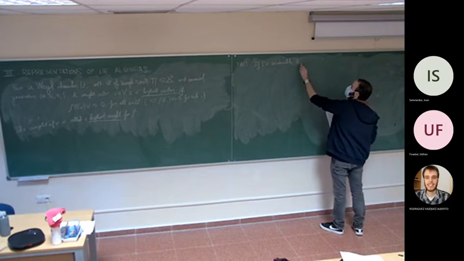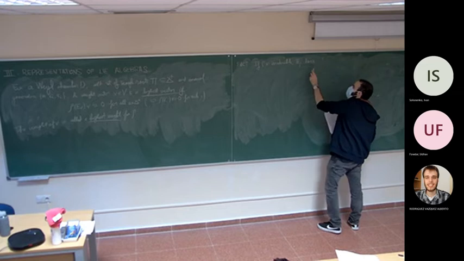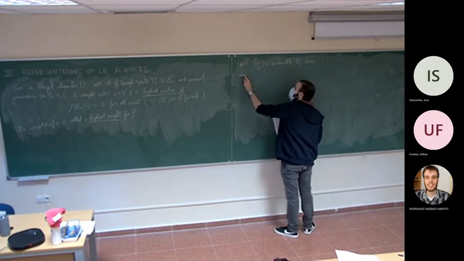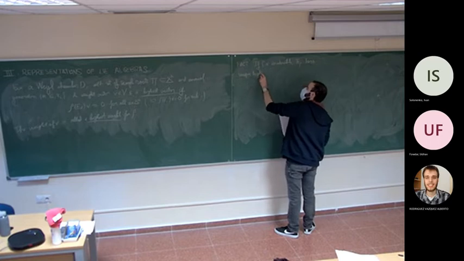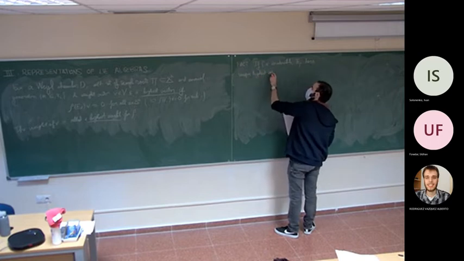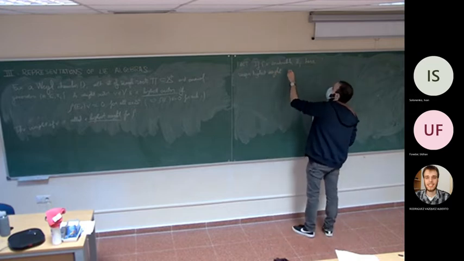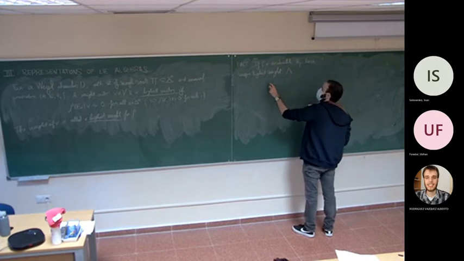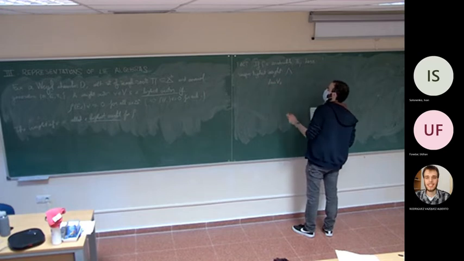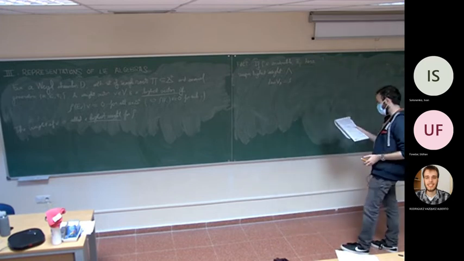So if rho is irreducible, then the set of weights has a unique highest weight, which we will denote by capital lambda. And the dimension of the associated weight space is 1. So it's simply a straight line.